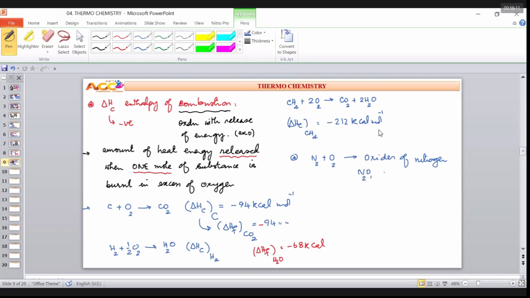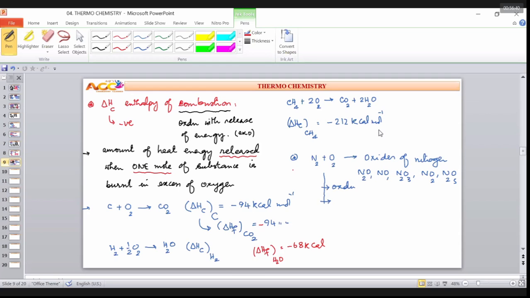Nitrous oxide, nitric oxide, nitrogen sesquioxide, nitrogen dioxide, nitrogen pentoxide. Now what will be the question? Is it oxidation? Yes sir, it is oxidation. Why? We are adding oxygen. Is it combustion? Is it combustion? It is combustion.